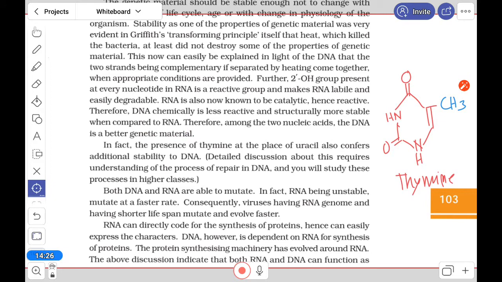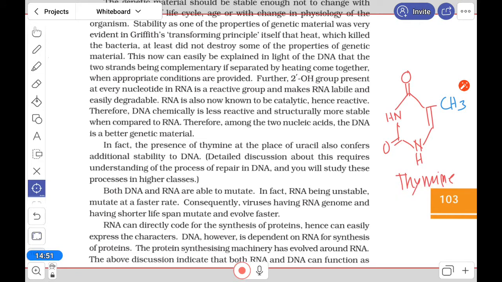You know that thymine is present in place of uracil. It gives additional stability to the DNA. Look at this methyl group, it gives the stability, because if we remove it, it turns into uracil. Uracil is less stable compared to thymine.